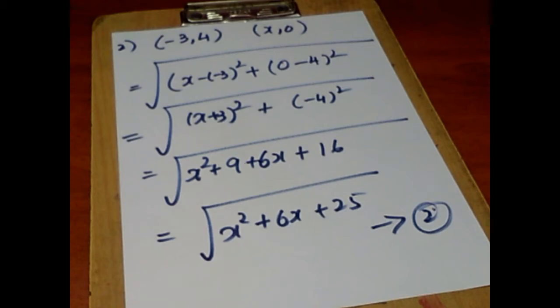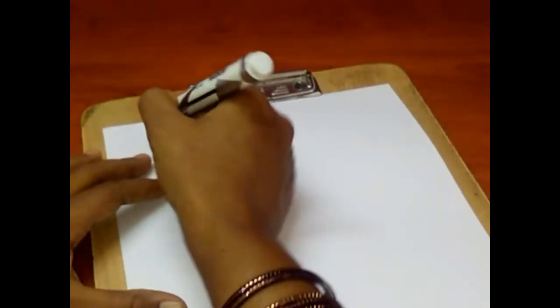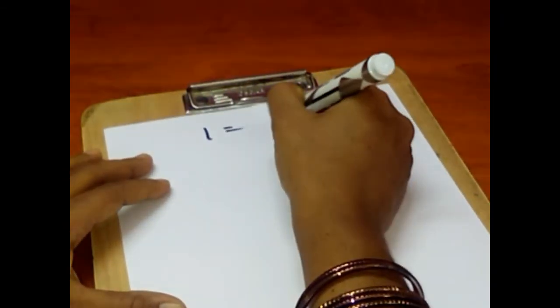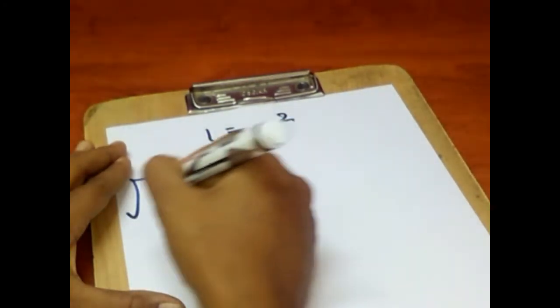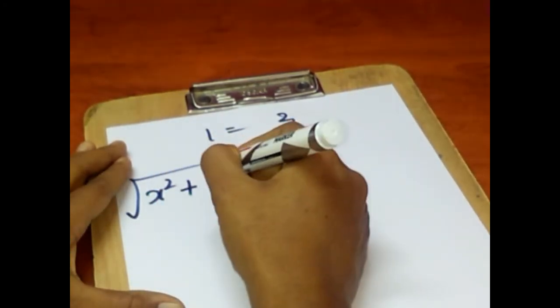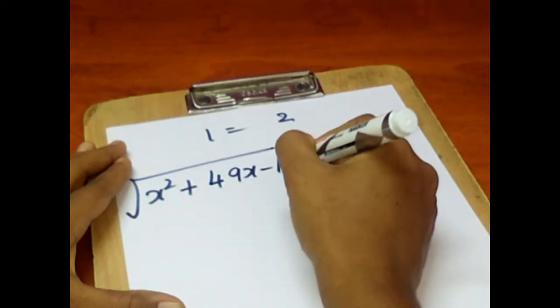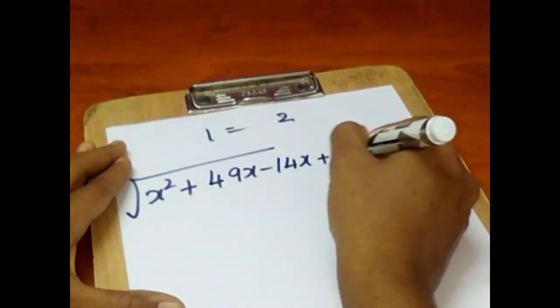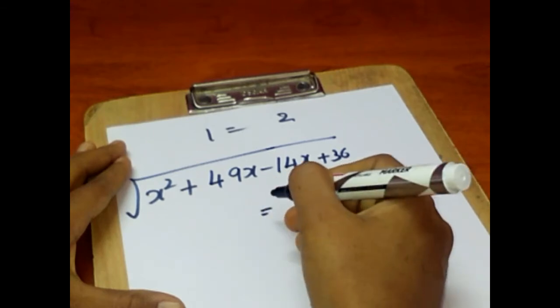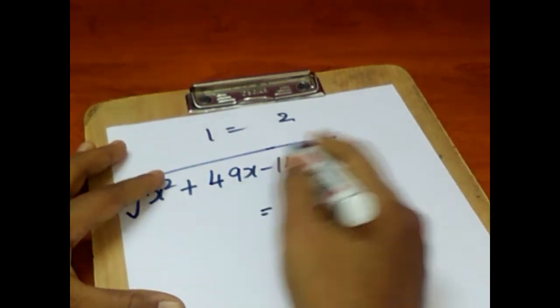From the question, it is said that both the results are same as they are equidistant from the point on x-axis. So 1 is equal to 2. Square root of x square plus 49 minus 14x plus 36 is equal to, oh, this is not simplified.